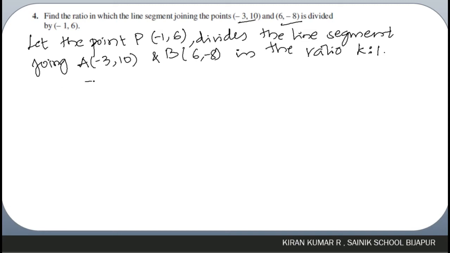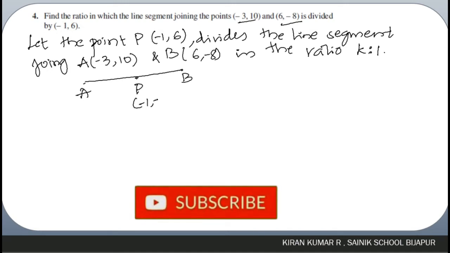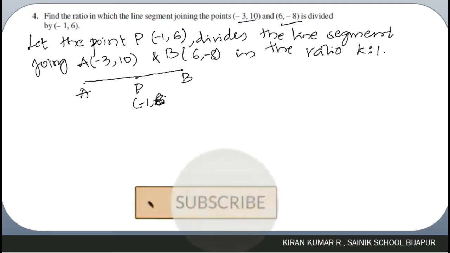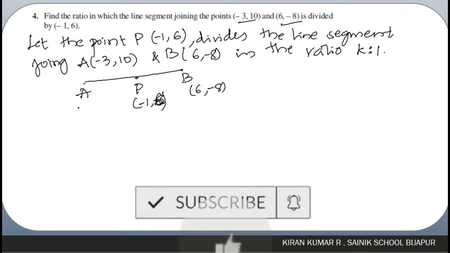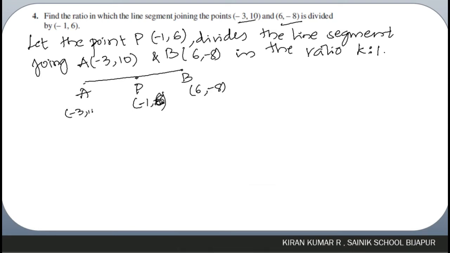So it means that there's a line segment AB and there's a point P. The coordinate is -1, 6. Coordinate of B is 6, -8. Coordinate of A is -3, 10, and it is dividing in the ratio k:1.